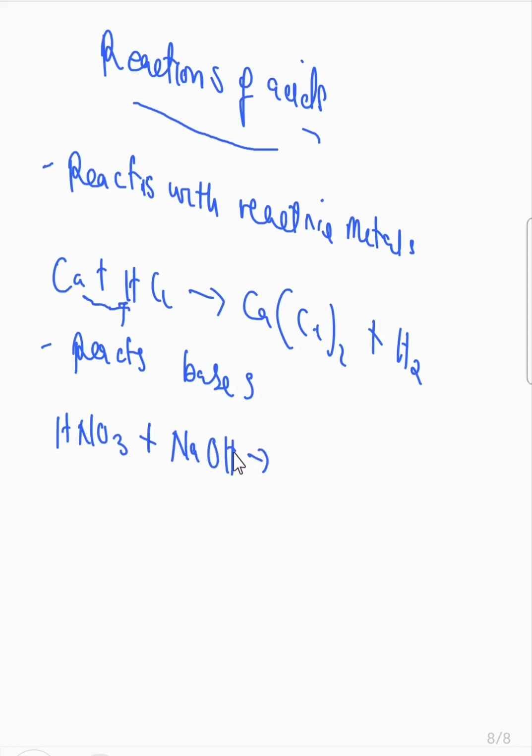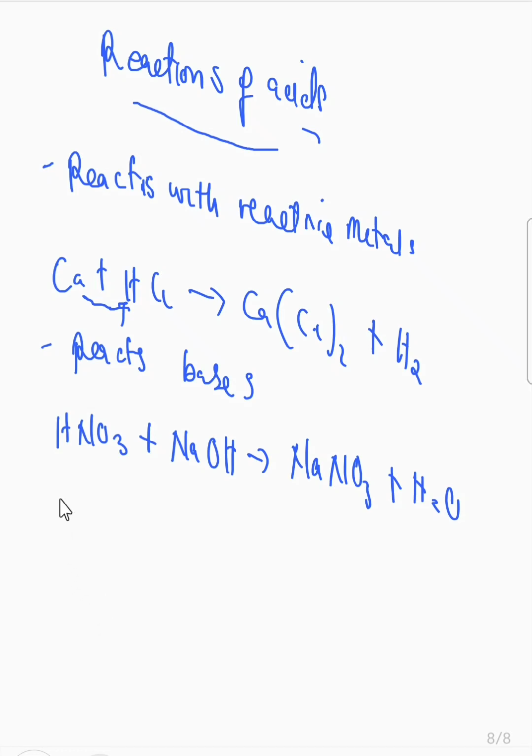What will be the product? A metal is going to displace hydrogen there to form sodium nitrate. So we have sodium nitrate here, plus, we have this hydroxide remaining there, which will combine with the hydrogen ion to produce water. So we have H2O at the end.